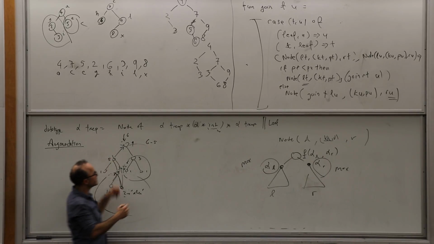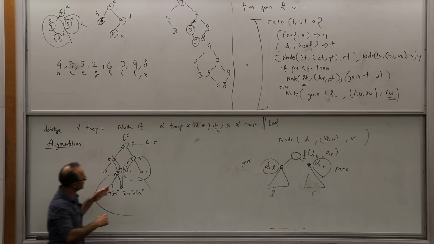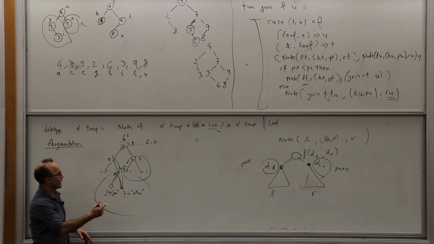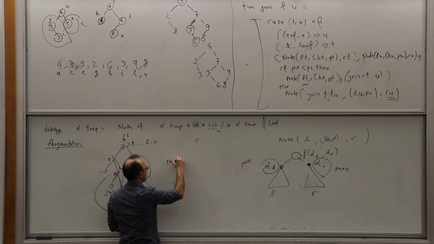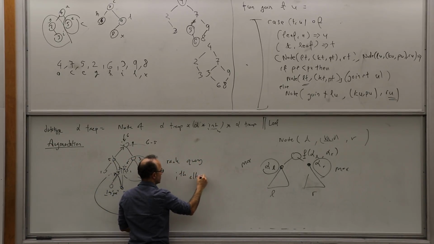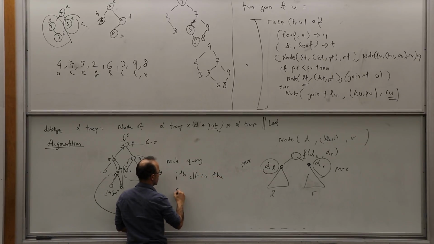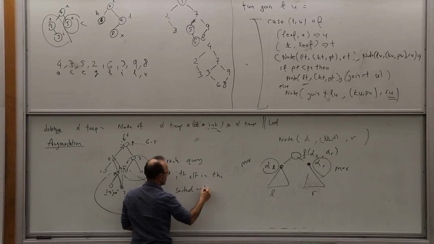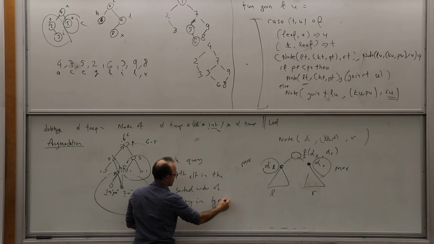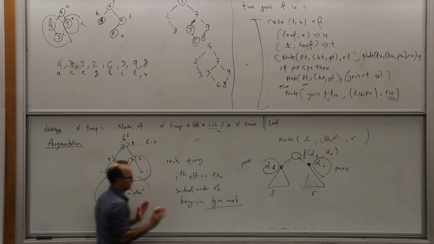Okay? So basically, if I augment my subtrees with these number of vertices, then I can find, this is called a rank query, the ith element in the sorted order of keys in log n work.